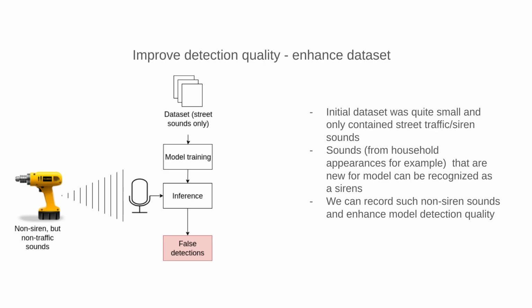And if you have a microphone in your house near a window, it will pick up the sirens, but at the same time, it will also pick up your house sounds. And you will get false positives for these house sounds just because the model has no idea what it is and how to deal with it, and it can count that it's some weird kind of siren.